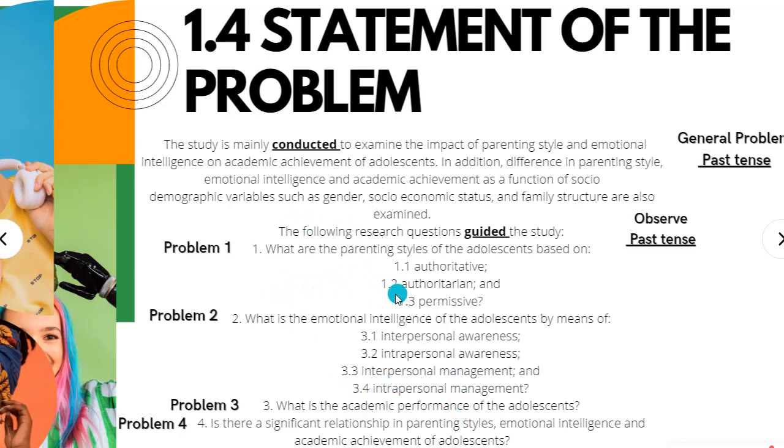So if duha ra ang major variables, so duha ra siya diri 1 and 2. Ang next na question ana again is factor relating questions na, is there a significant relationship among the three variables sa kaning example. Na-discuss na nako ni further ang SOP sa previous tutorial.